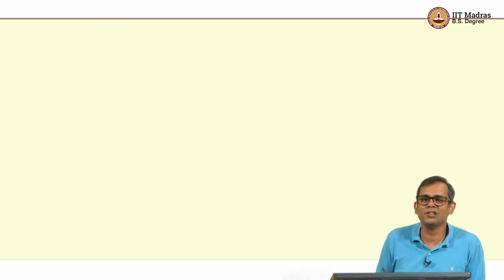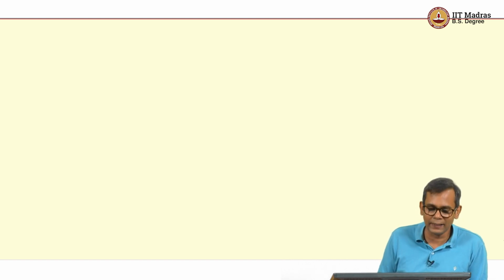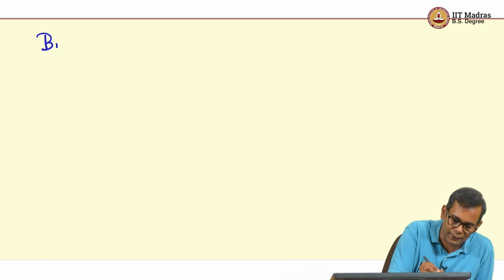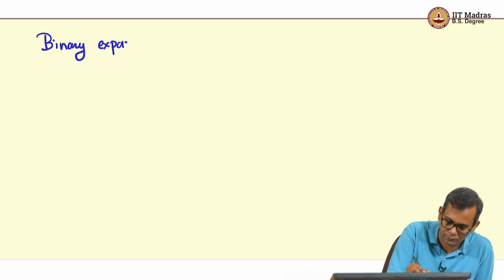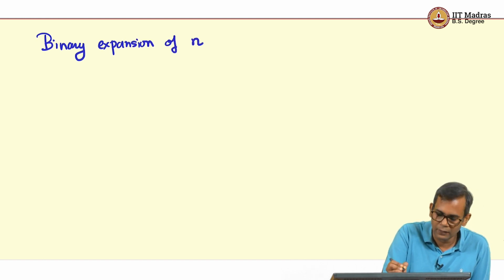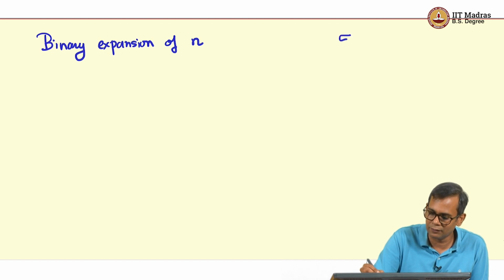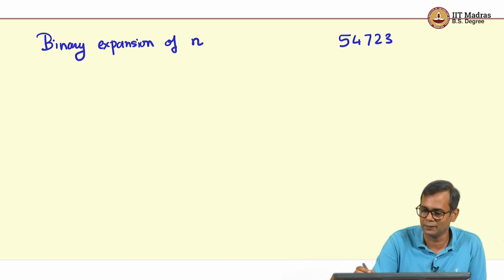There is another nice way of thinking about the value of the sequence a n. It involves the binary expansion of the number n. So, remember, when I write a number like 54723, what does this mean, the decimal expansion?